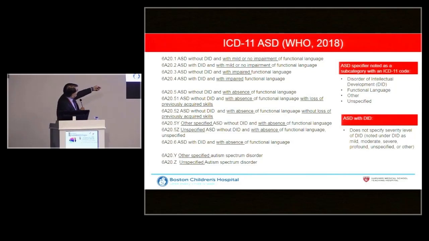Actually, it has a category for loss of previously acquired skills, which some subtype of autistic children have, and also the other and unspecified, which is really like pervasive developmental disorder or atypical autism. So the ICD-11 is an important addition to the specifier and the severity of the DSM-5.